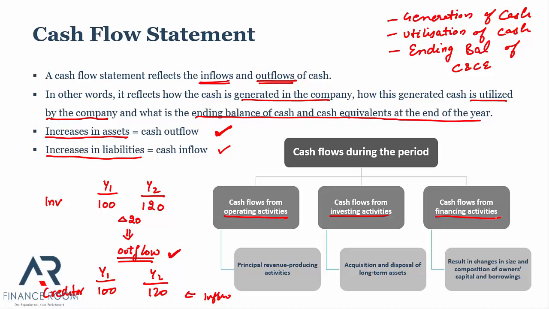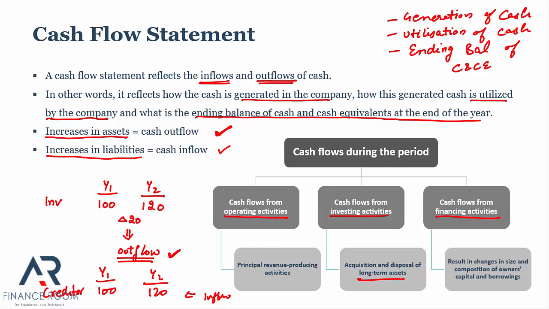Investing activities is basically the acquisition and disposal of your long-term assets, anything related to non-current assets, such as property, plant, equipment, furniture. You sell the furniture, or you make capital expenditure in the company. That will be shown under investing activities.